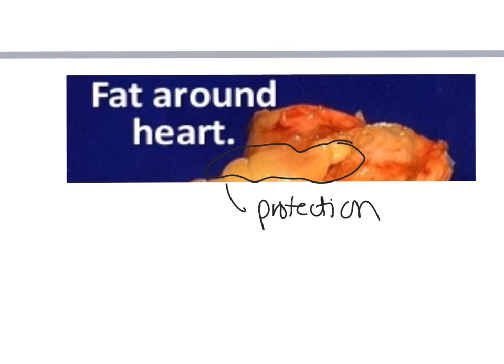You don't want too much though, because then it becomes an issue of all of that plaque, and it has a hard time beating because there's too much fat around it. So that one's kind of a borderline one. We want enough to protect, but we don't want it to harm our health either. So, okay, you should have fats and lipids filled in for that second data table right now.